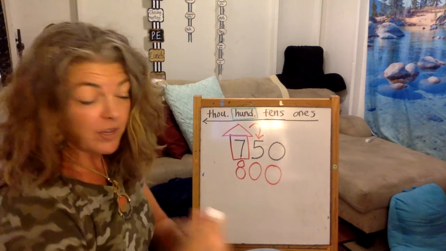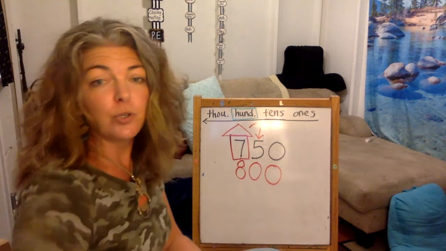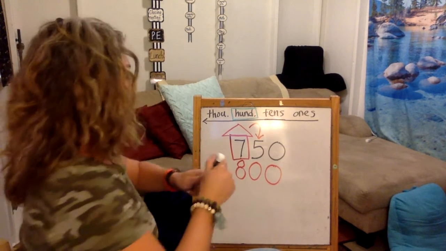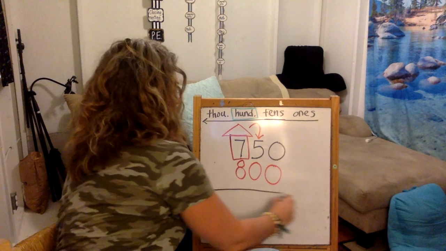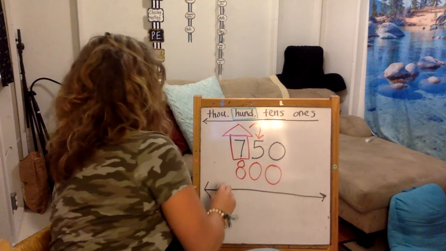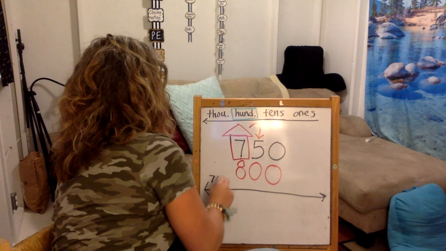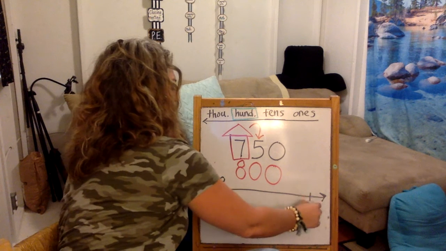When I'm working with a number line, if your brain works better for a number line, I have 700 and 800.